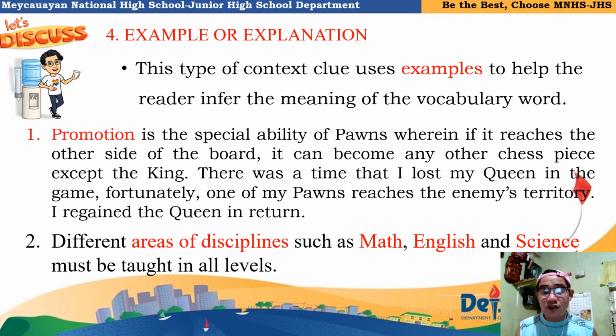What type of context clue is it? Very good. That is example. Unlike the first one wherein you are just narrating, which is an example of explanation. So that is the difference between example and explanation. That is the last type of context clues. Let's now have the next one.